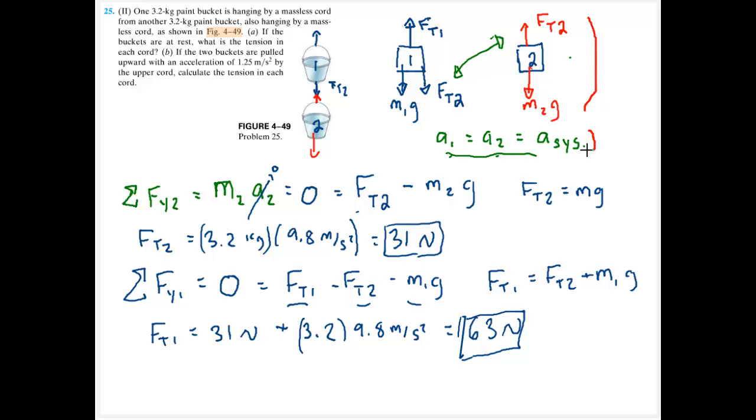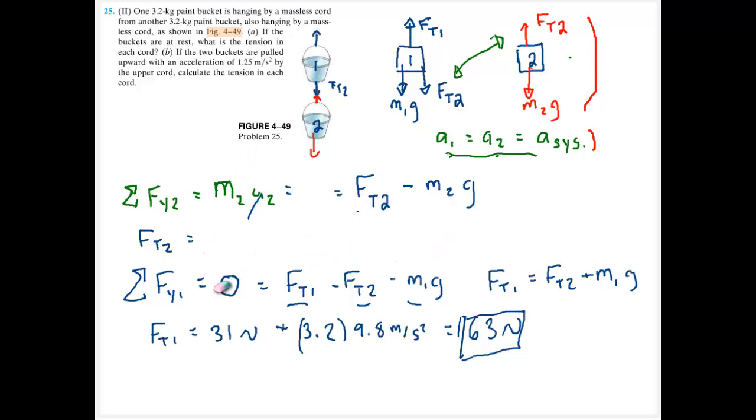Now I have some acceleration in the system, so unlike before where I had no acceleration and I set this guy right here equal to 0, now all I'm going to do is set it equal to its mass multiplied by its acceleration, and I can go ahead and use the same setup right here.